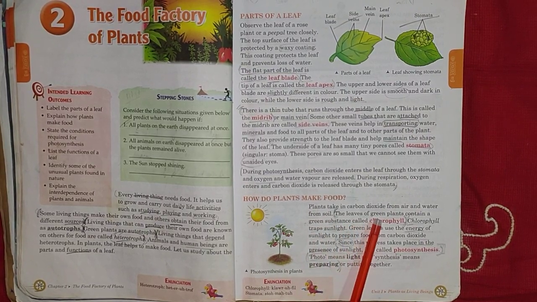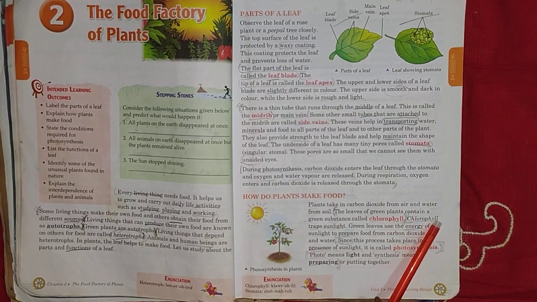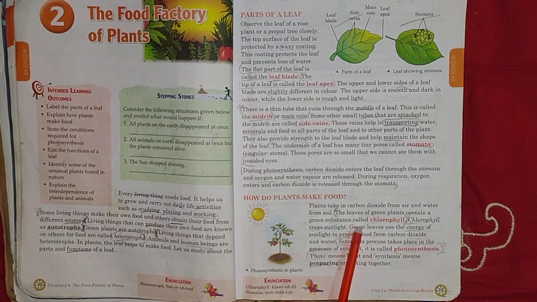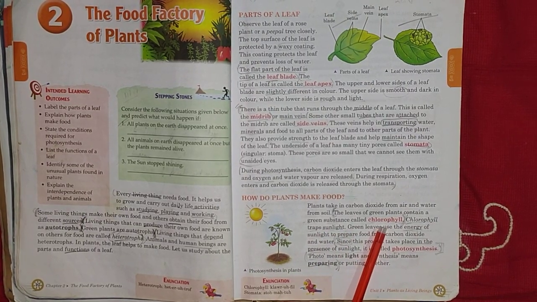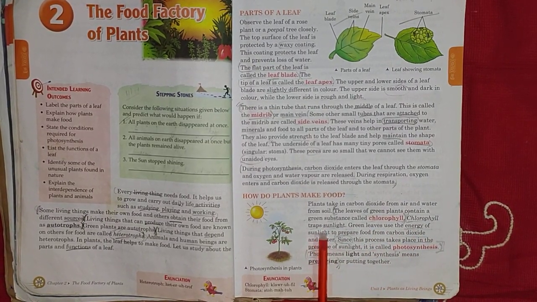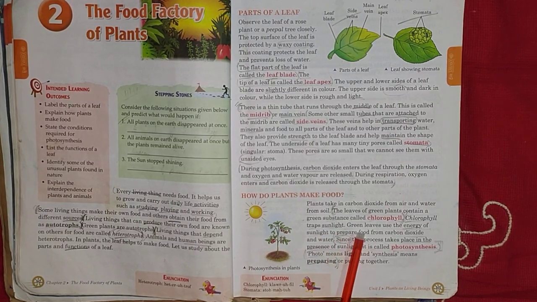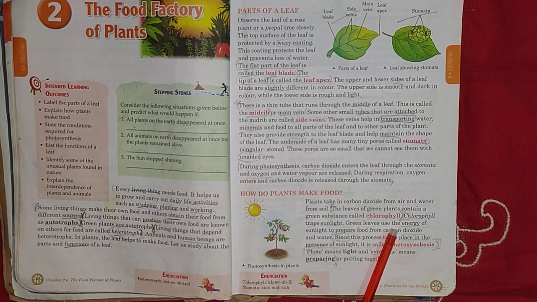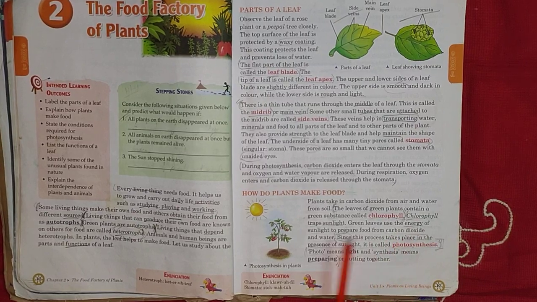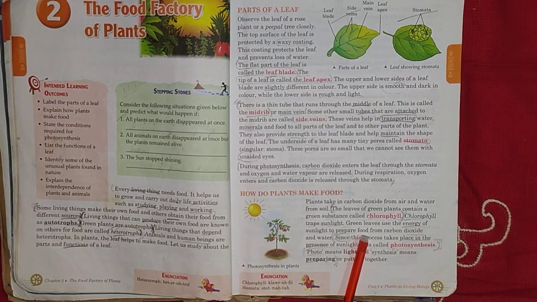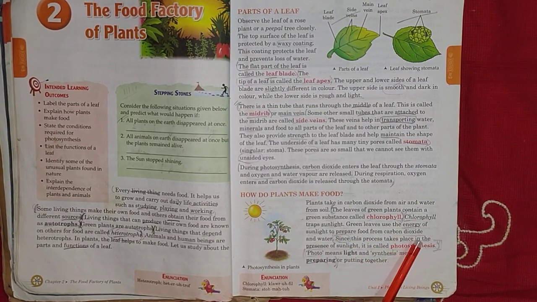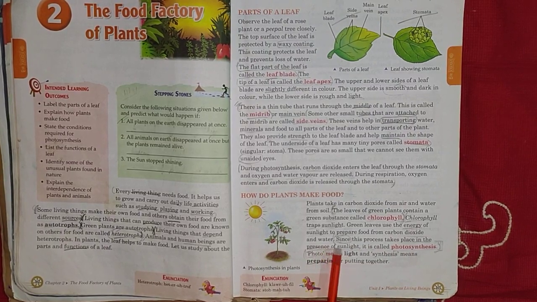The leaves of green plants contain a green substance called chlorophyll. Chlorophyll traps sunlight. Green leaves use the energy of sunlight to prepare food from carbon dioxide and water.